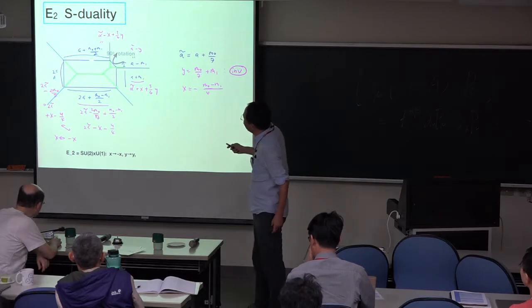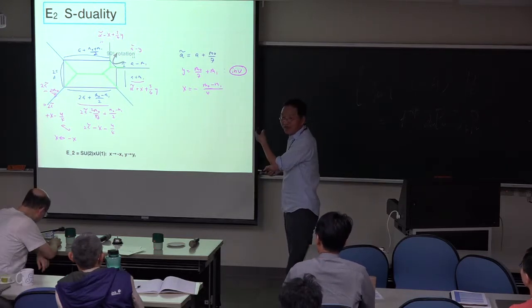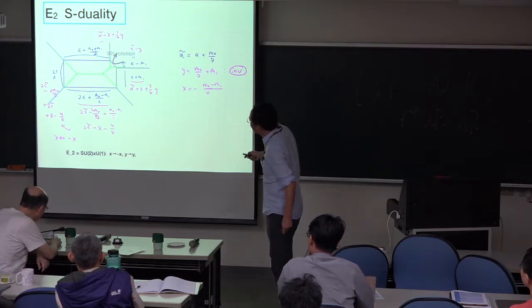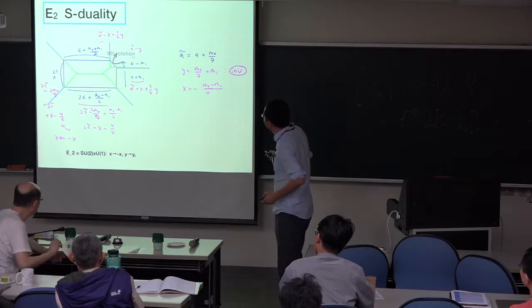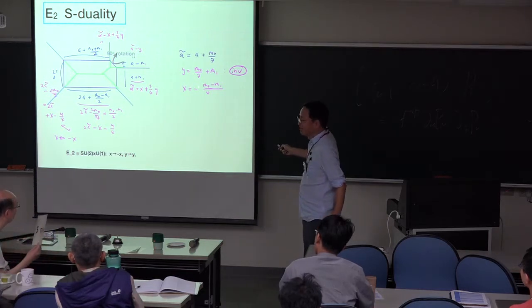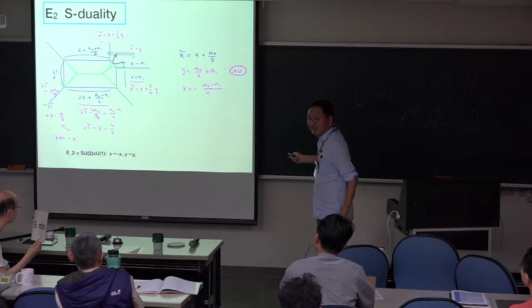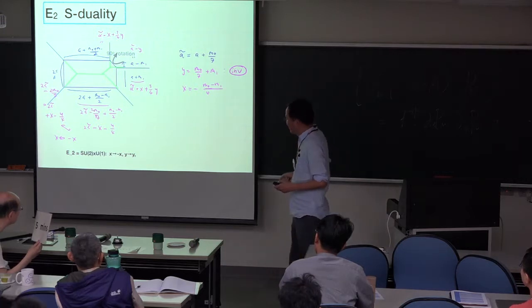So you are making D5 to NS5, NS5 to D5. You can see this diagram is more or less invariant. And then you change through all the parameters, and you calculate that the 90-degree rotation leaves Y invariant and X changes its sign. So this is the S transformation.